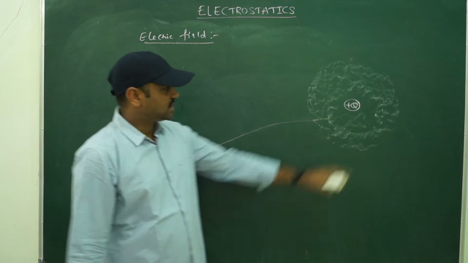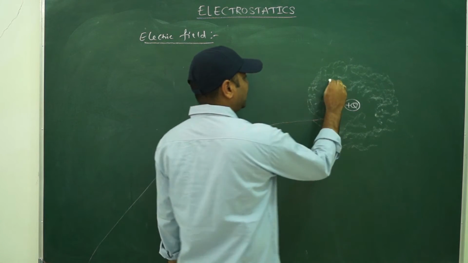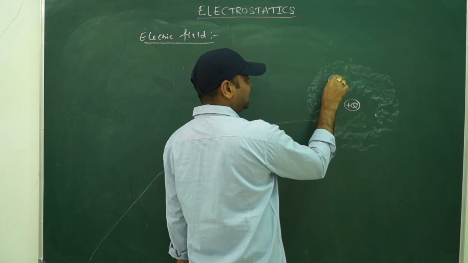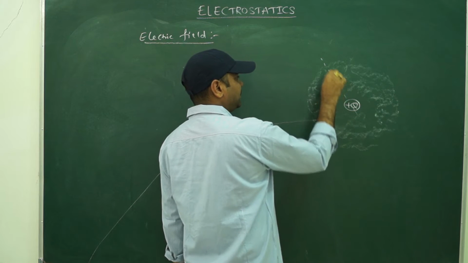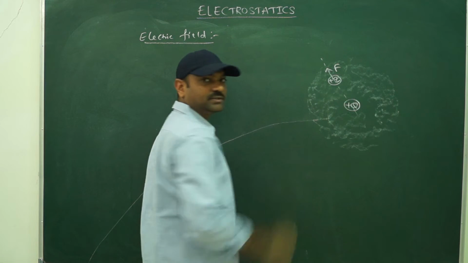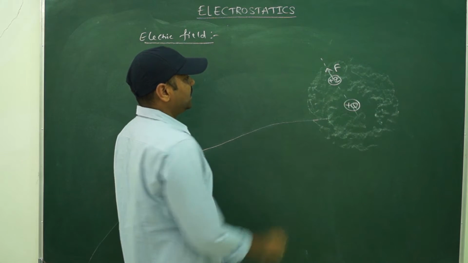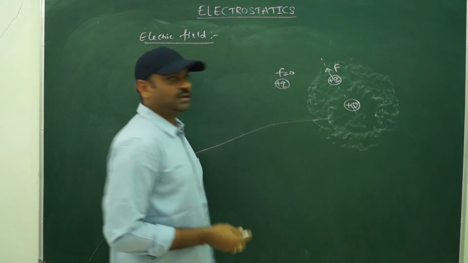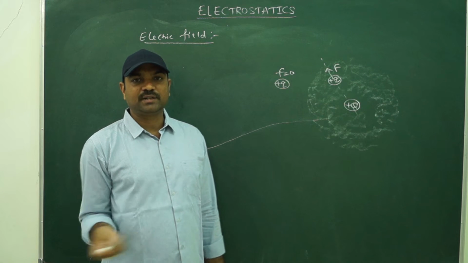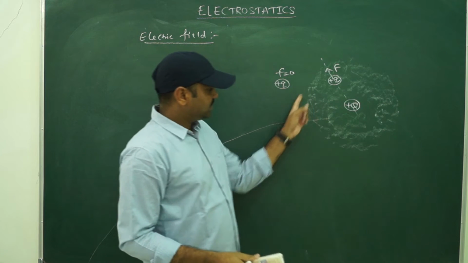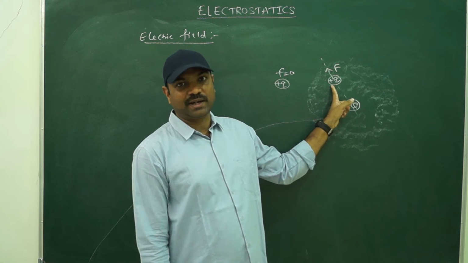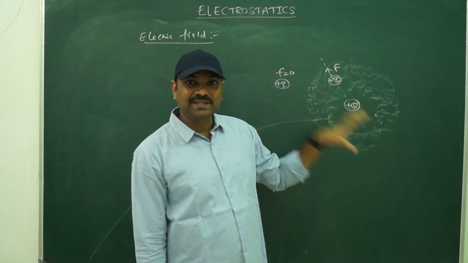If I keep one more charge over here, then this charge will experience a repulsive force by this charge, by capital Q. If I keep the charge over here, it does not experience any force, so I say that force is 0.